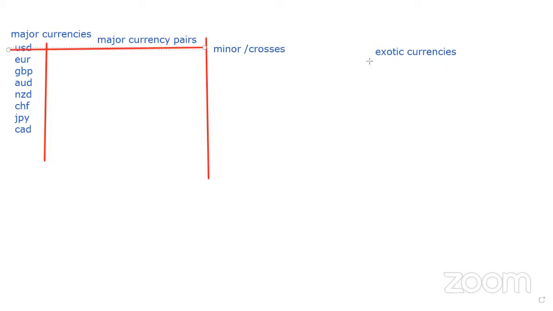Now, after these minor currency pairs, we have exotics. Exotics are currencies that are not in this method. You talk of the South African rand, the Nigerian naira, the Ghana cedis, all the currencies of any other country in the world.